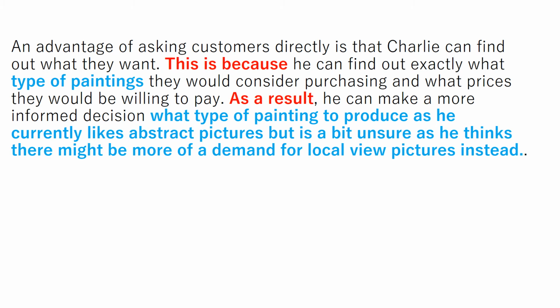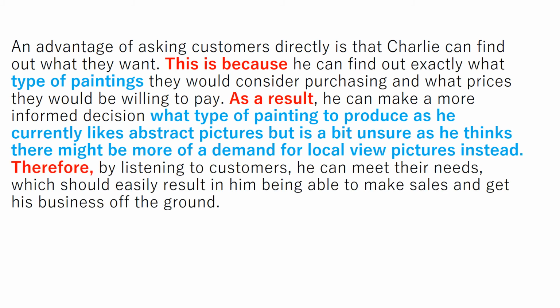As a result, he can make a more informed decision about what type of painting to produce, as he currently likes abstract pictures but is a bit unsure, as he thinks there might be more of a demand for local view pictures instead. Therefore, by listening to customers, he can meet their needs, which should easily result in him being able to make sales and get his business off the ground.